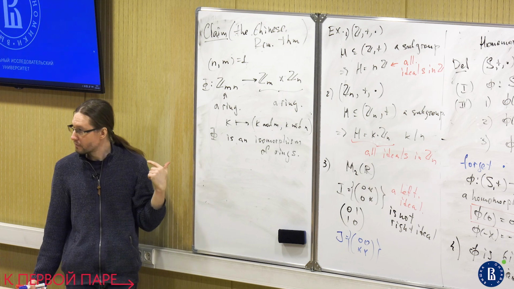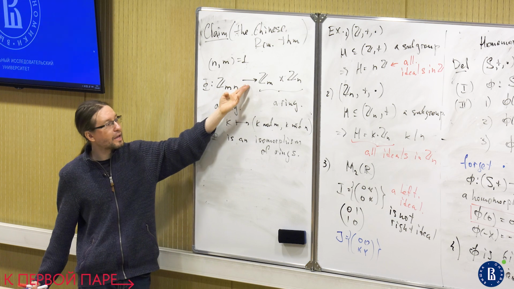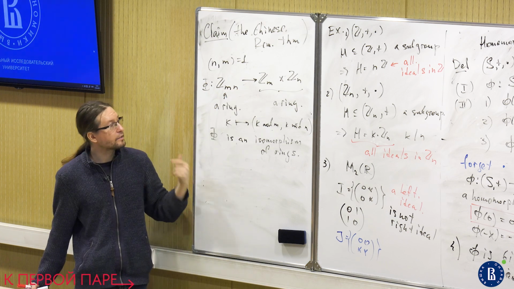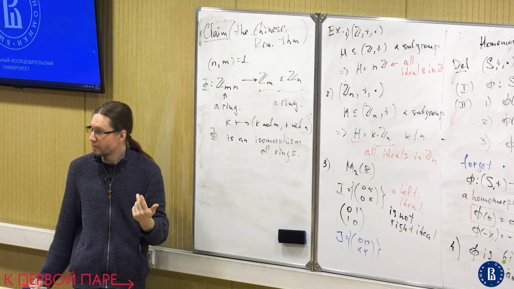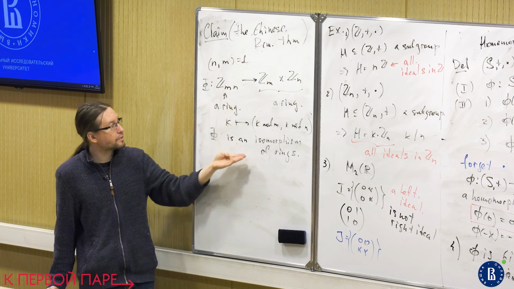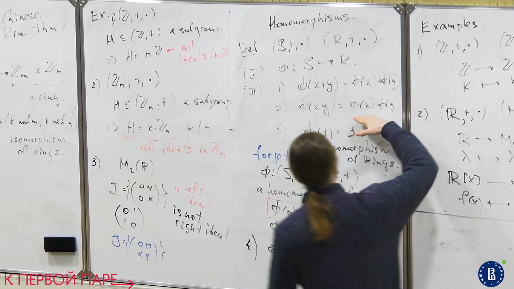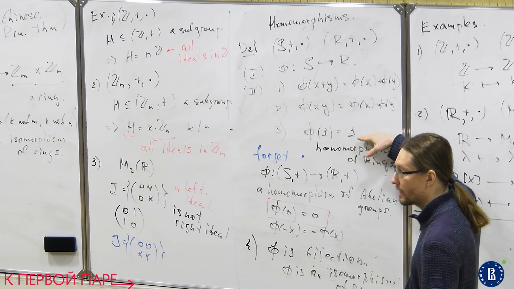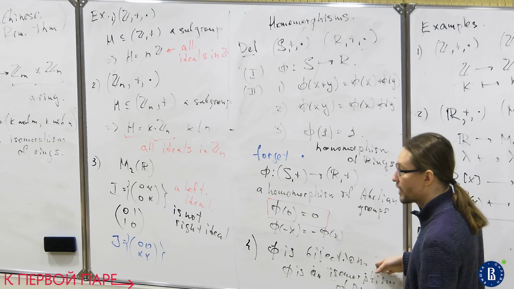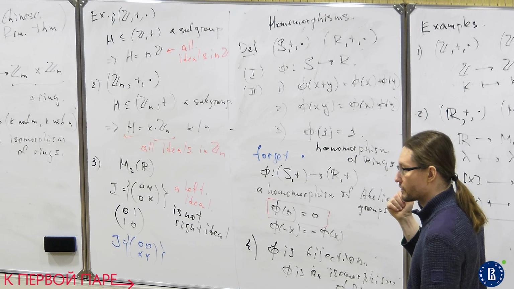So by the usual Chinese remainder theorem, this map is a bijection and it preserves addition. So the only thing that we need to check in order to prove that this map is an isomorphism of rings is that it preserves multiplication and the identity element, because bijection and addition follow from the previous result.